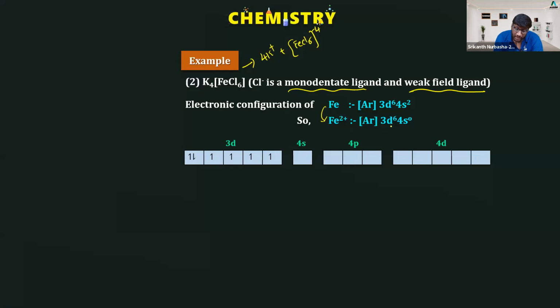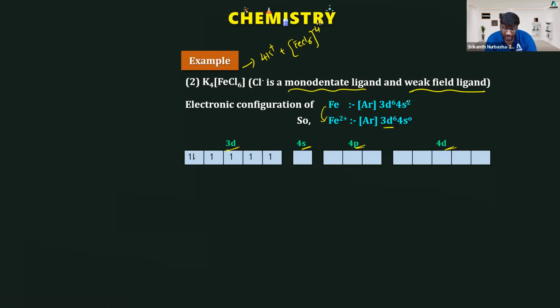And you have to write the d6 electronic configuration: one electron into each d orbital, then the 6th electron will be paired up. After 3d you have 4s, 4p, 4d. In the 4s, 4p or 4d you do not have a single electron.